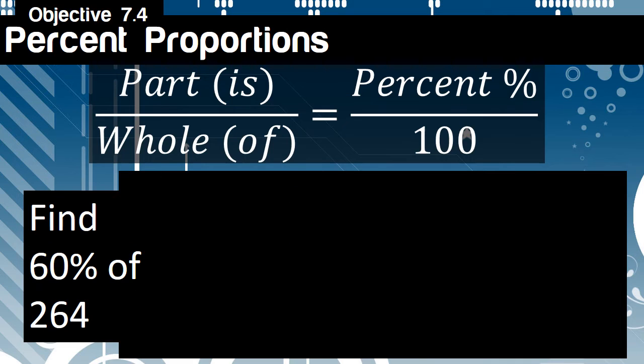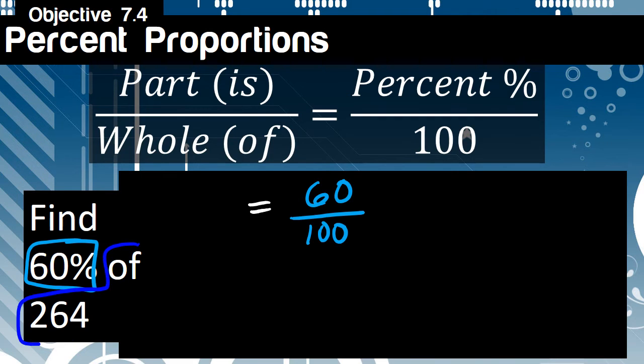So now let's try this one here. We have: find 60% of 264. In our information here, we're given our percent is 60%, so we have 60 out of 100. And then of, so let's highlight that, of 264. Let's put that in our denominator, 264, and we're still trying to figure out what this part is. So let's now cross multiply.